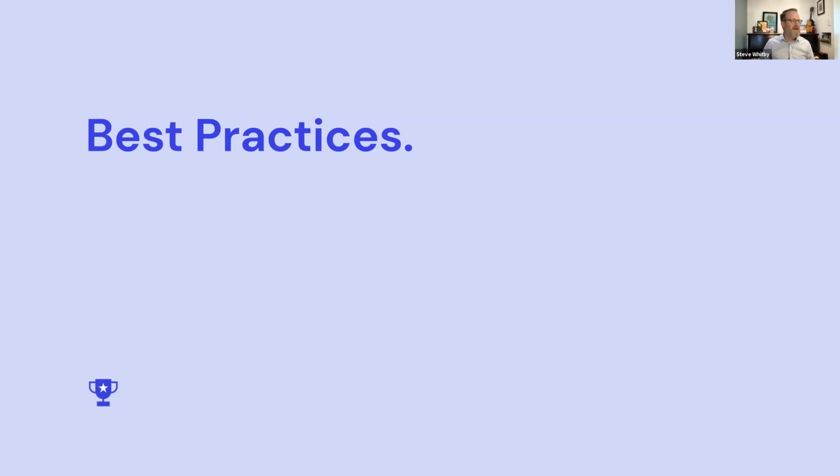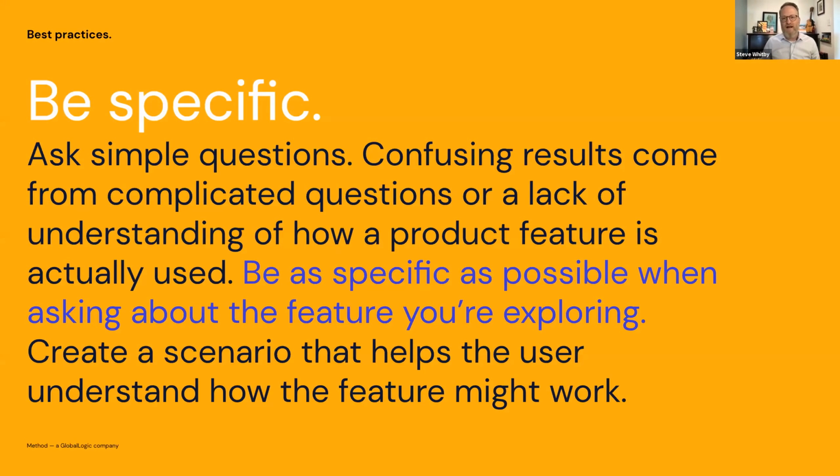So the first one is be specific. The power of Kano is in specificity. Don't ask about 5 features in one question. Get really good at describing one feature well, so that the customer understands.